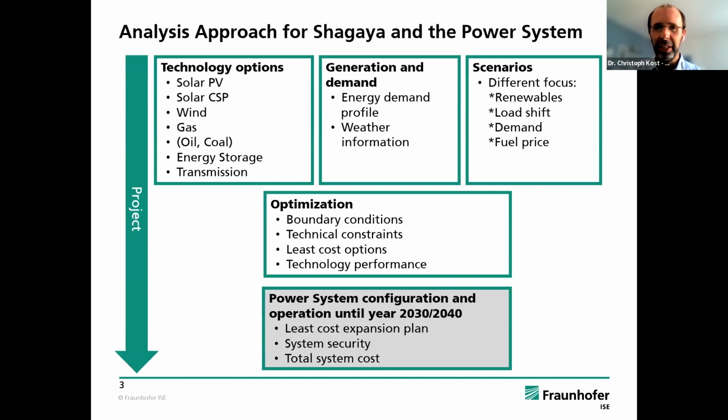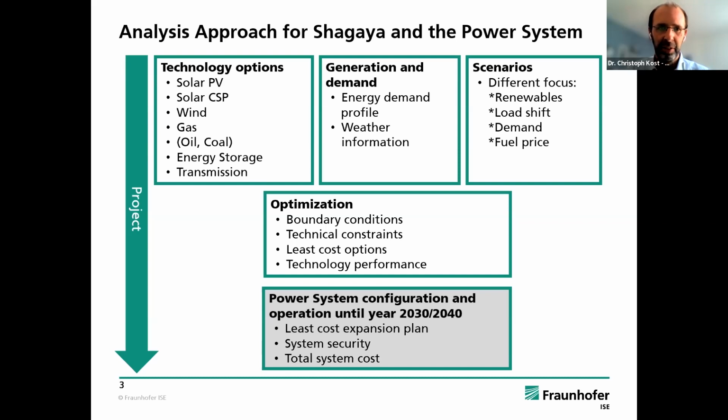So what have we done in our analysis? We looked at the different technology options in the Shagaya Park, but also in the rest of the system. We included electricity demand profiles and weather information, and we provided different scenarios with different focus: a renewable scenario, a load shift scenario, a demand change, and also some sensitivities in the fuel price expectations.